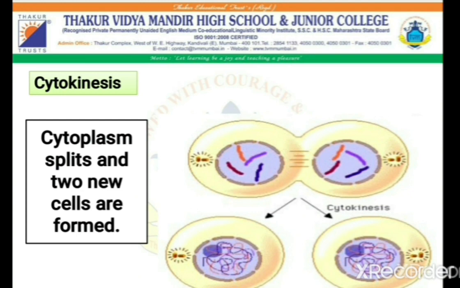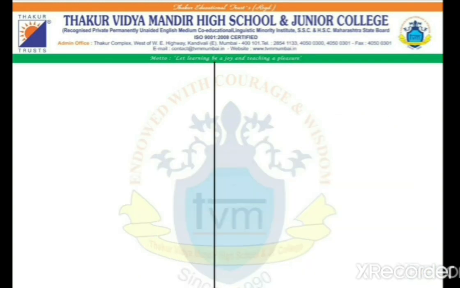So in meiosis 1, we got two different daughter cells. These two daughter cells formed in meiosis 1 are used for the next phase, that is meiosis 2, which is again carried out in the same phases.